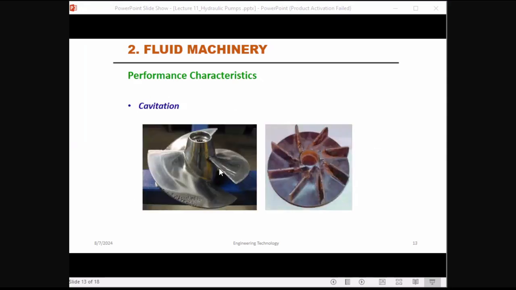Here you can see some cavitation in this impeller, in this area and here. Then the impeller blades are damaged. These are cavitations.